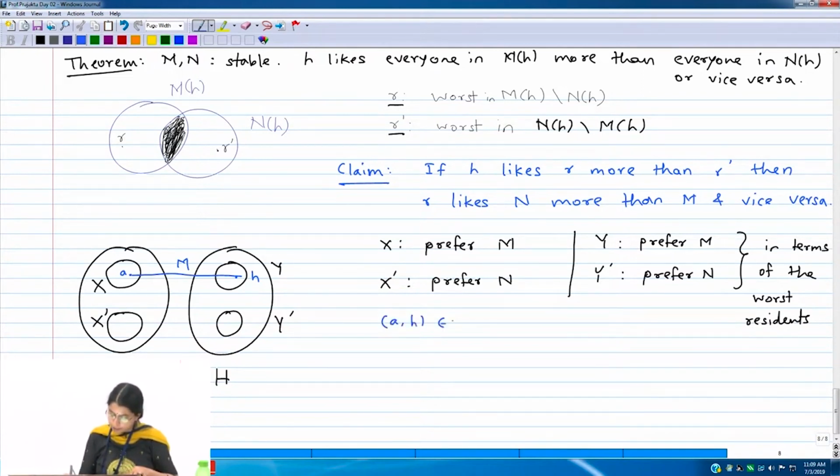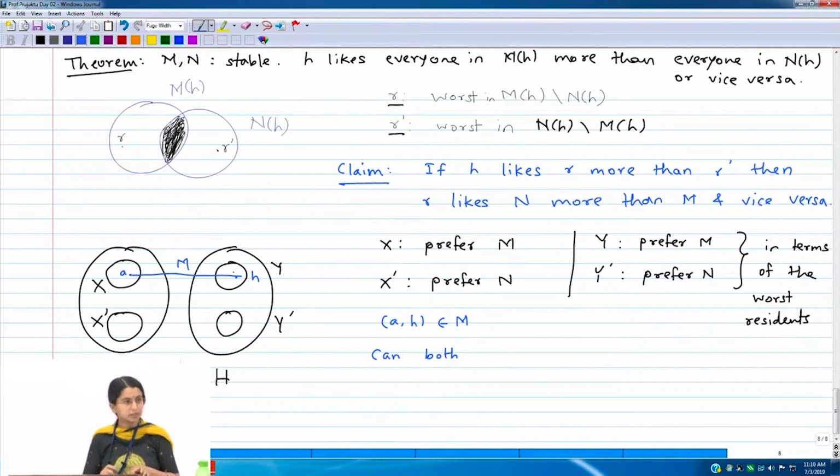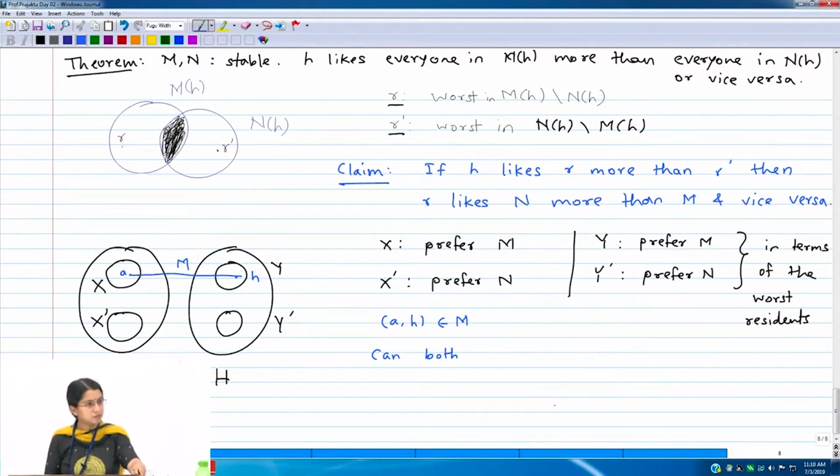So AH is present in M. So just the fact that A is in X and H is in Y tells us that they both like the matching M. So can there be an edge of M like this? Can N be stable in that case?